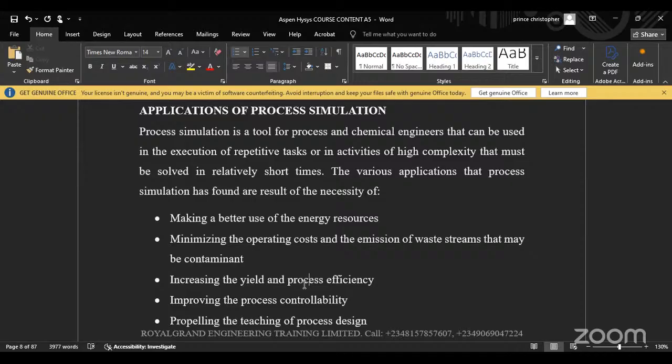With Aspen Hysys, we could run some sensitivity analysis and optimization in a way that we could say, okay, is there any parameter in this flow sheet we could change that can increase the yield of our product?